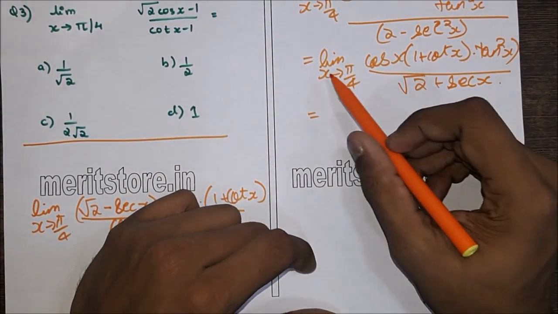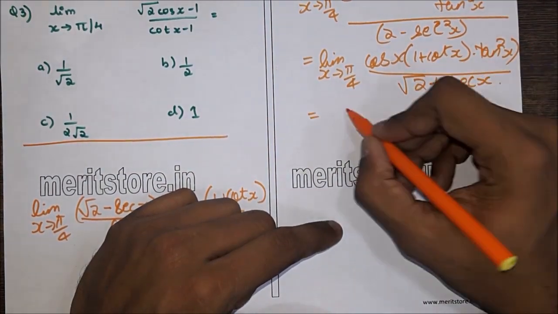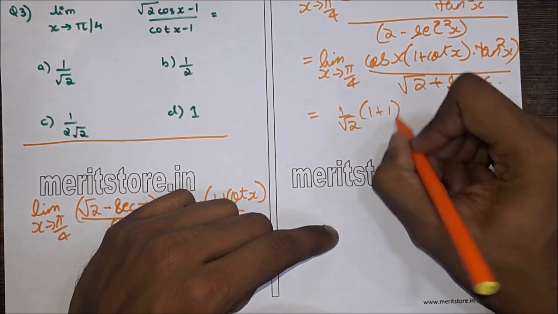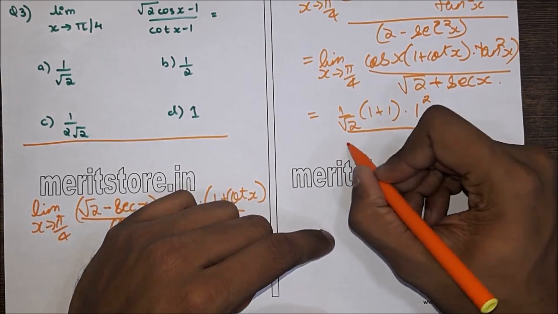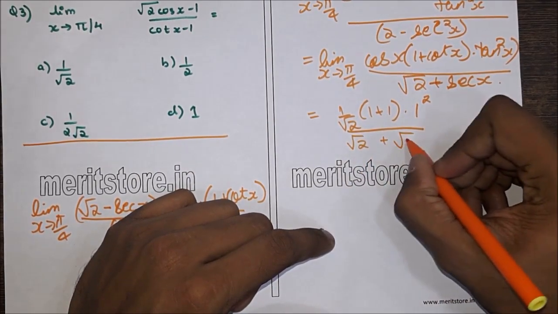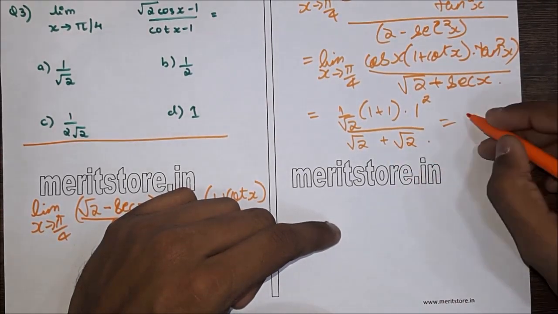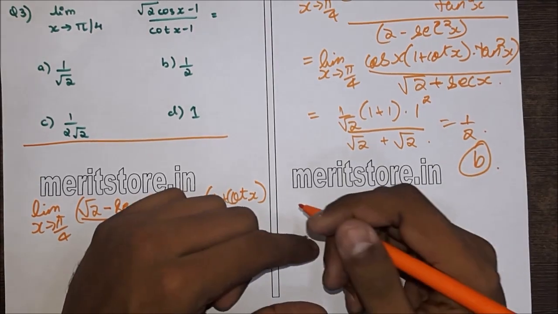Then we apply the limits of x tends to pi by 4 on the numerator. That gives us 1 by root 2 into (1 plus 1) into 1 square, and the denominator as root 2 plus root 2. Solving these two, we would get 1 by 2, which is option B.